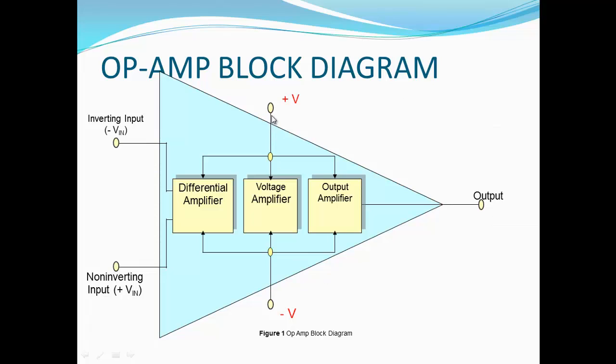We have V plus and V minus to feed this amplifier, and we have these two inputs. The minus indicates inverting, and the plus indicates non-inverting. This is what is inside the amplifier: a differential amplifier, a voltage amplifier, and an output amplifier.